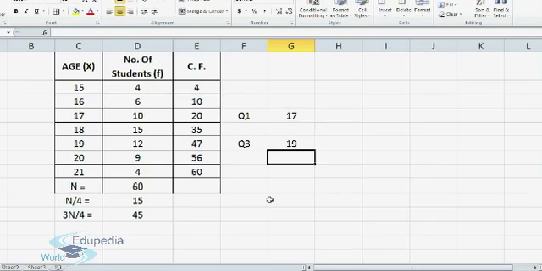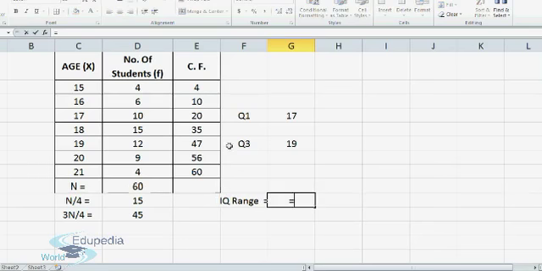Well, once I have got the Q1 and Q3 values, I straight away get the interquartile range, which will simply be equal to the difference between these two.